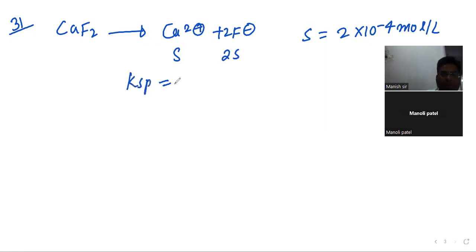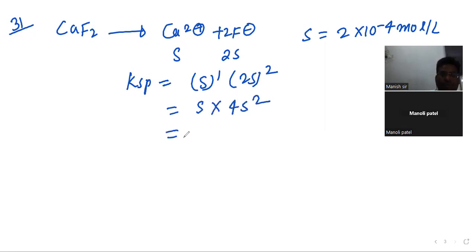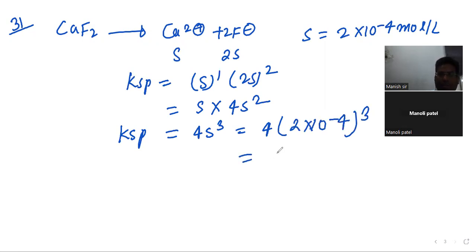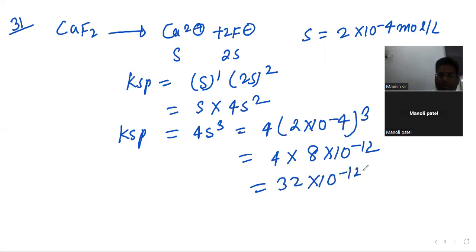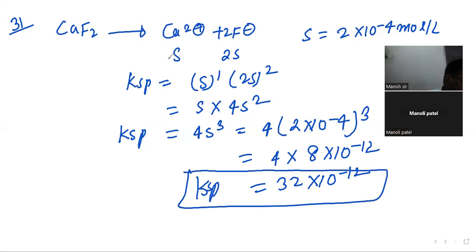So the solubility product will be S raised to 1 into (2S) raised to 2, then S into 4S², so 4S³ is equal to Ksp. It will be 4 into (2 × 10^-4) cubed, which is 4 into 8 × 10^-12, so 32 × 10^-12 is Ksp. This was asked in 1999.